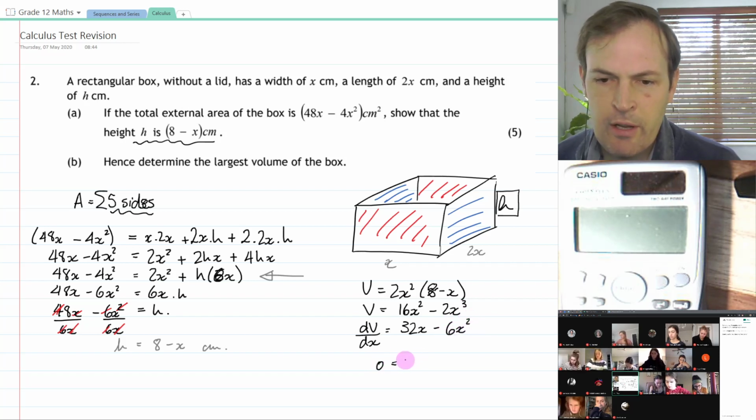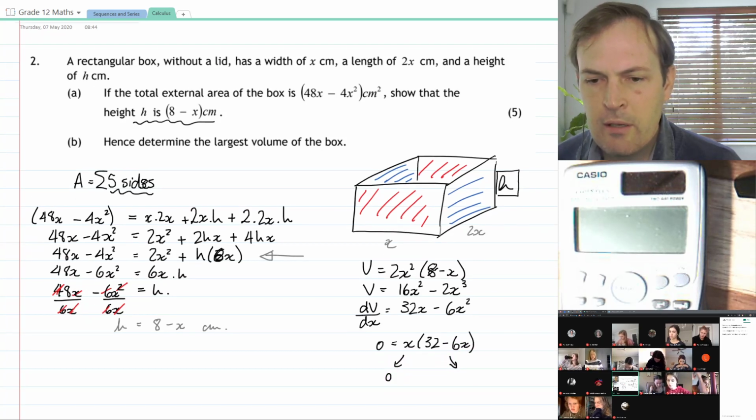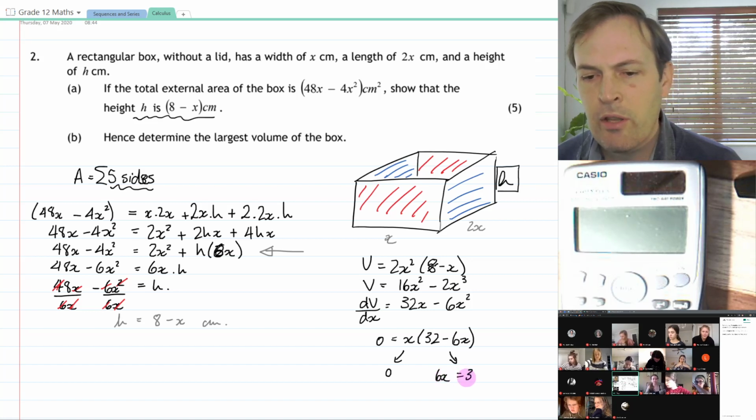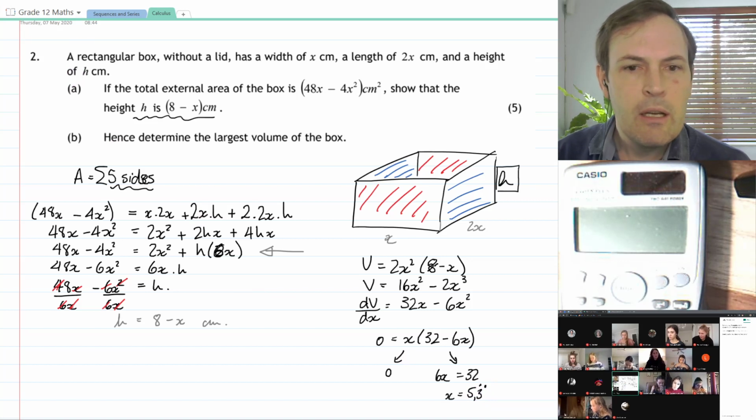Solve that for 0. We get 5.3 recurring or 0, I think. So we get either x is 0 or 6x is equal to 32, which is, what did you say, 5 1/3? 16 over 3. Yeah. 5.3 recurring.